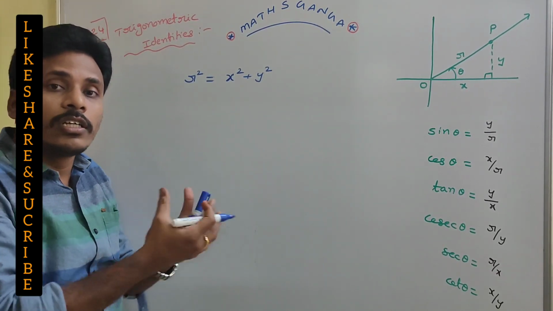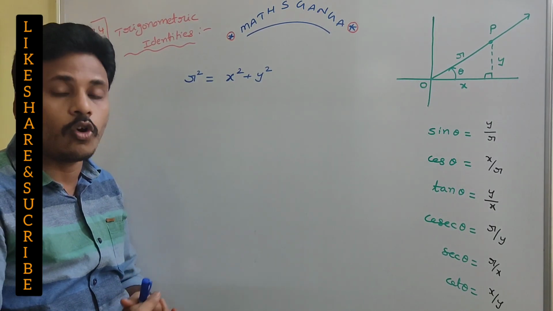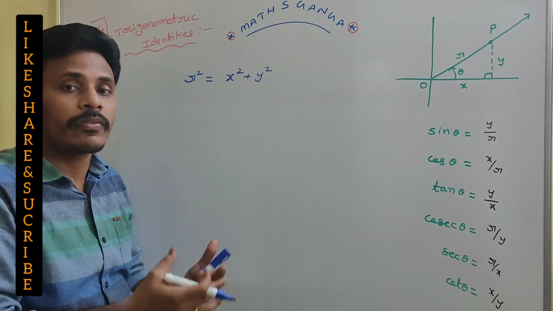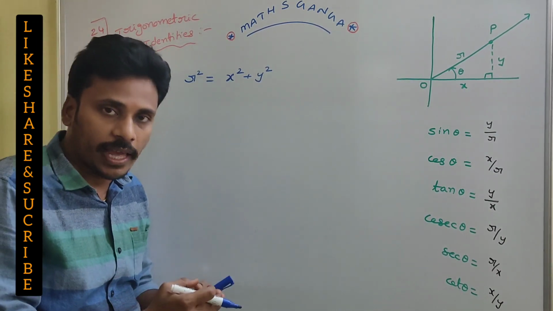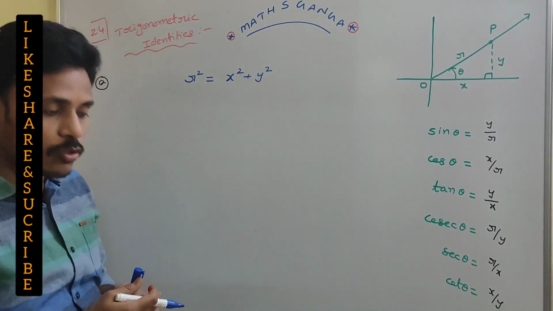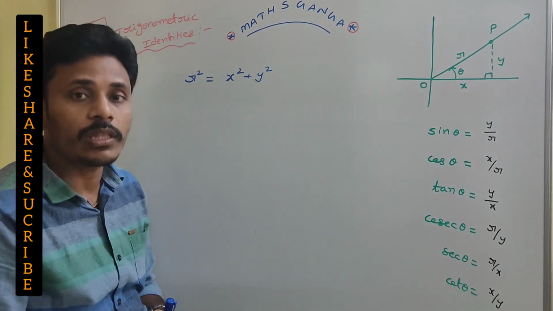Now, to convert this Pythagorean result in terms of the trigonometric ratio, I am going to divide it either by r square, or by x square, or by y square. First of all, take it as 24a. Here I am dividing the whole Pythagorean result by r square.